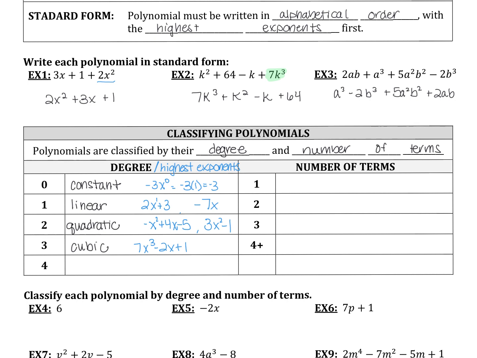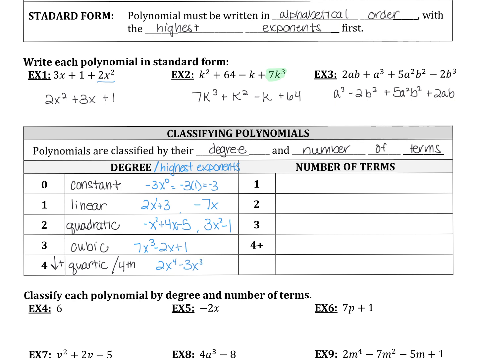So, for example, a 4th degree could be called a quartic, but it's just not a word we use very often. So as we get above 3, so 4 and above, we typically just call it by the degree number it is. So this is a 4th degree polynomial. And a 4th degree polynomial just means that the highest exponent is 4.